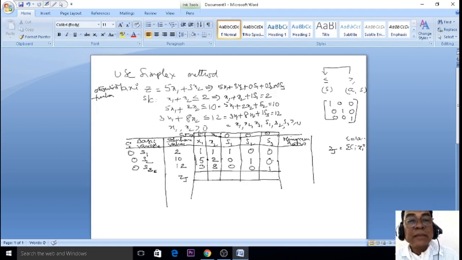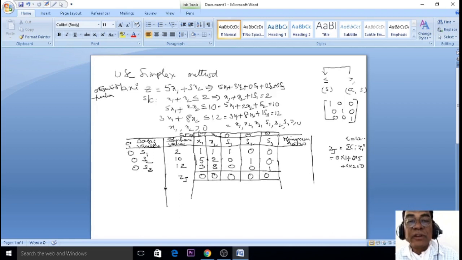So Ci means 0 into 1 plus 0 into 5 plus 0 into 2, which is equal to 0. Write 0 here. The second value: 0 into 1 plus 0 into 2 plus 0 into 8, which is 0. Like this, 0 into 1 plus 0 into 0 plus 0 into 0, that is also 0.